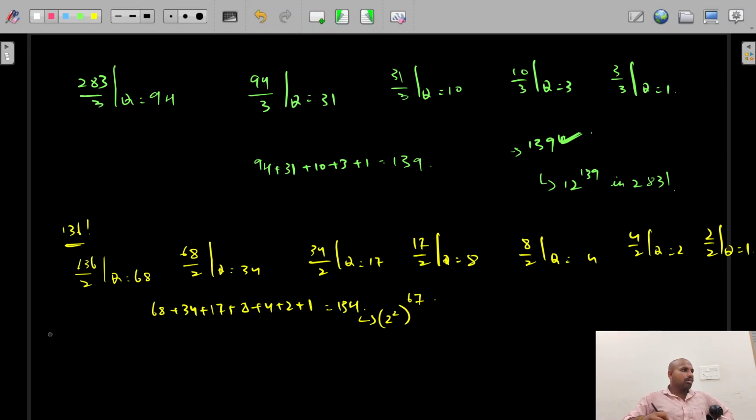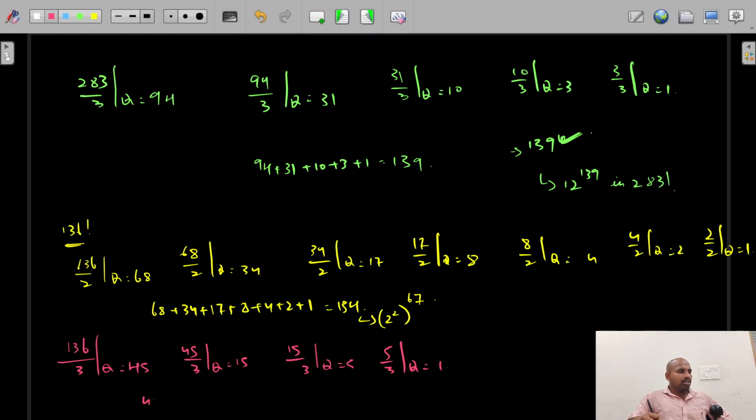Now we will do it for 3 in 136. The quotient is 45. 45 by 3, my quotient is 15. Again 15 by 3, my quotient is 5. And 5 by 3, my quotient is 1.